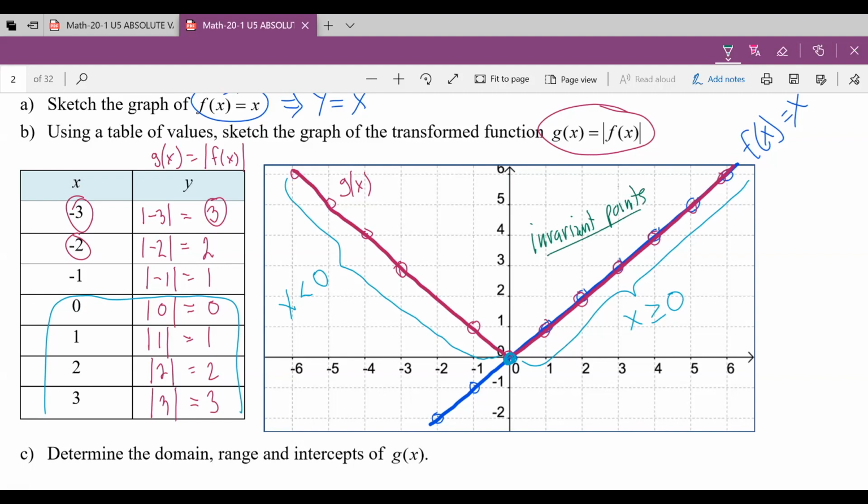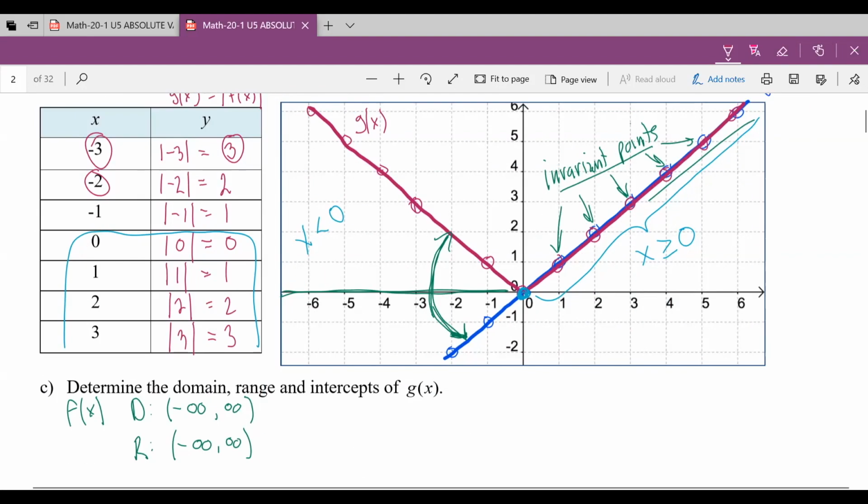That's an invariant point. This is an invariant point, invariant point, invariant point. And for parts of the graph that are less than 0, what you've got is a reflection about the x-axis of all your y values.